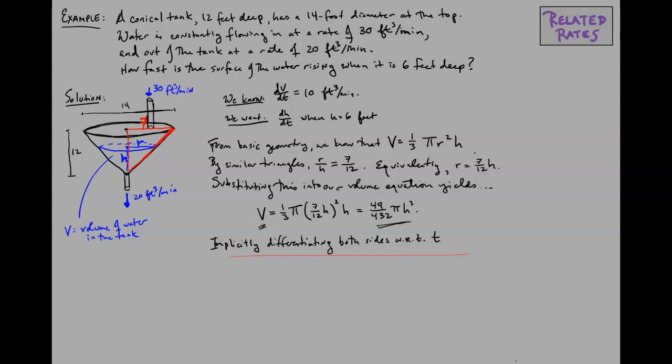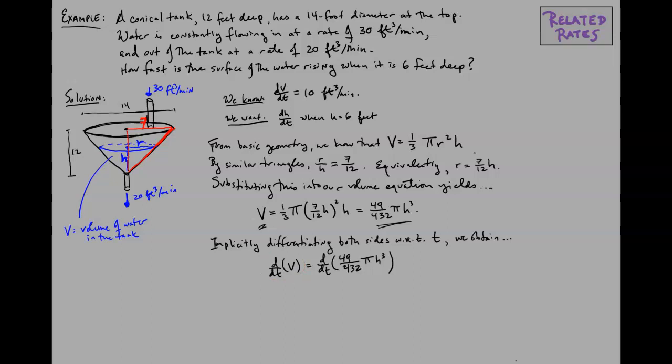So implicitly differentiating both sides with respect to t, because remember both volume and height themselves are variables dependent on how much time has passed, we obtain this. The derivative with respect to t of the left-hand side is equal to the derivative with respect to t of the right-hand side. And now let's carry out the computation.